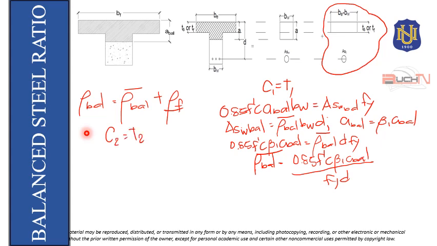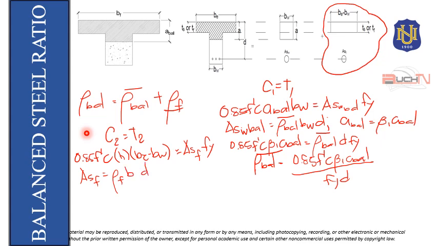So, that will be 0.85 f'c times h times B_E minus B_W is equal to A_sf times f_y. Remember, A_sf is equal to rho_f times B d.